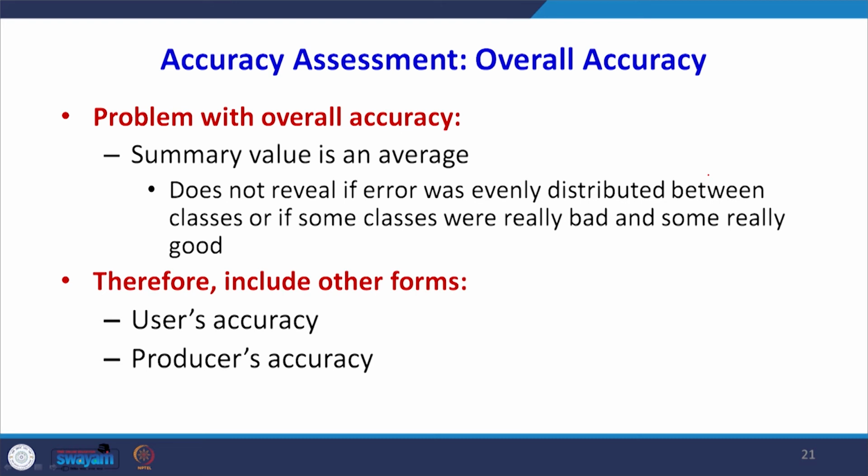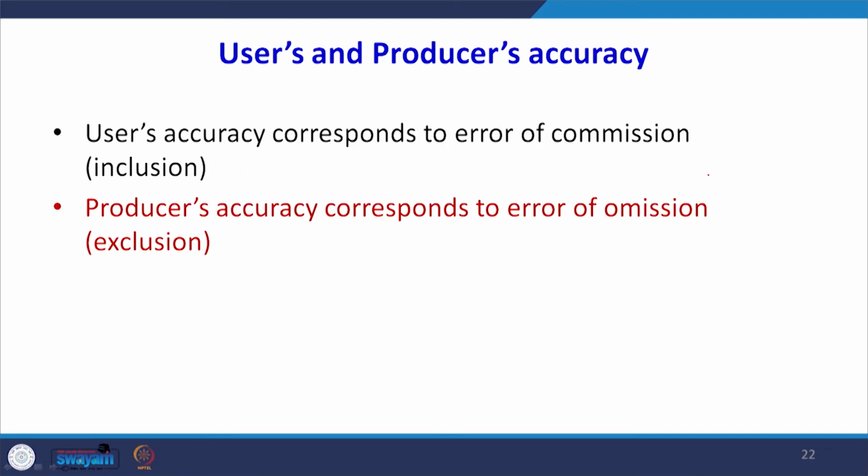Therefore, we have to use user's accuracy and producer's accuracy. So, user accuracy and producer accuracy will tell you which particular class has performed very well and which other classes have not performed well. So, user accuracy corresponds to the error of commission, which is called the inclusion error, and producer accuracy corresponds to the error of omission, the term which I have explained earlier.